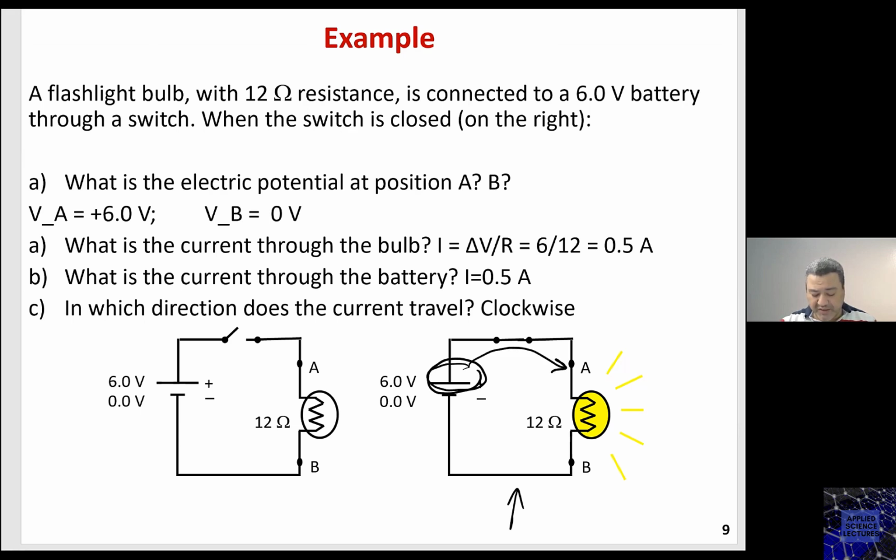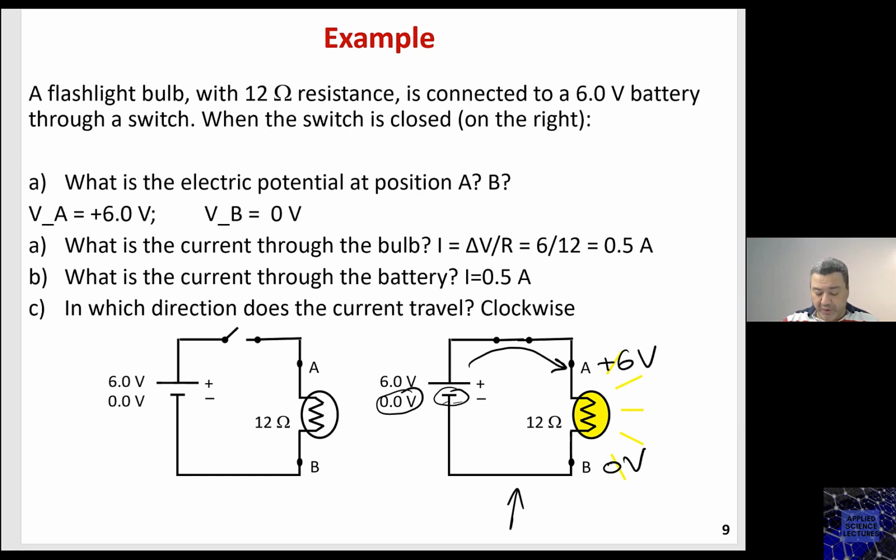So here I have 6 volts, and I also have 0 at the other terminal of the battery, and this 0 is going to show up right here at B. Why is this? Because of the ideal wires that connect the terminals of the battery to the light bulb. What is the current through the bulb?